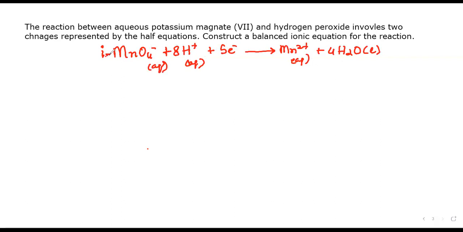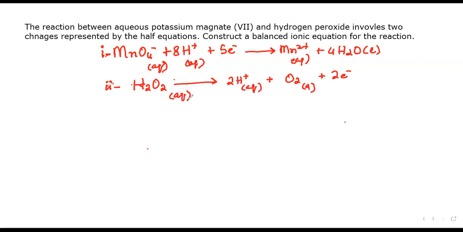So how is this going to be different? The second reaction we have is hydrogen peroxide. This is the equation that is provided to you with hydrogen peroxide. Step number 1 is the same.